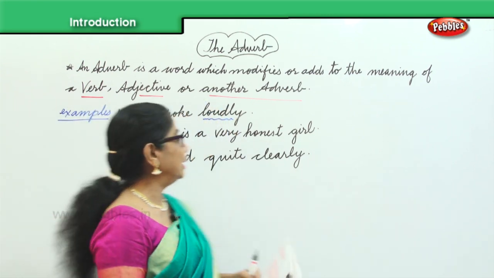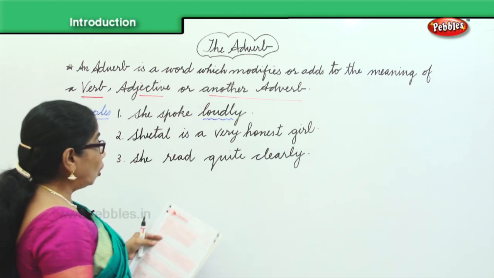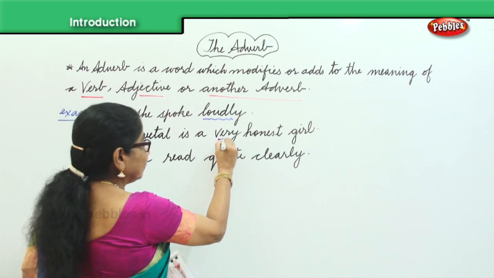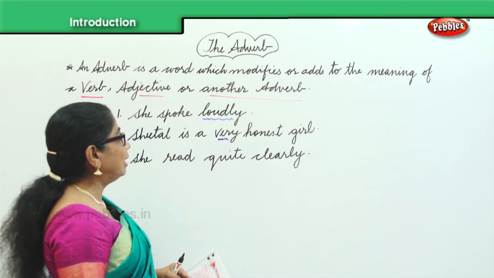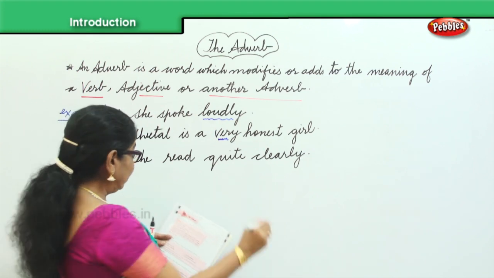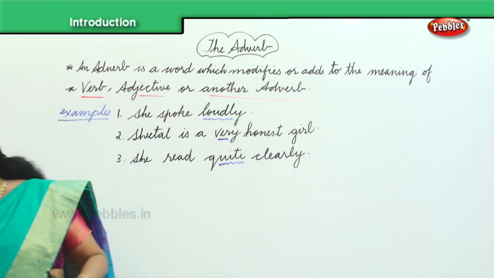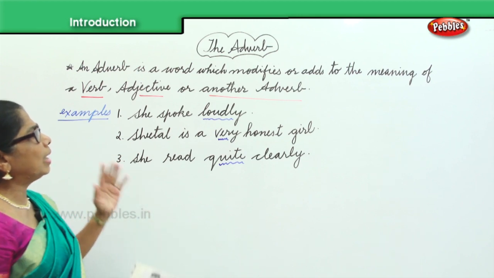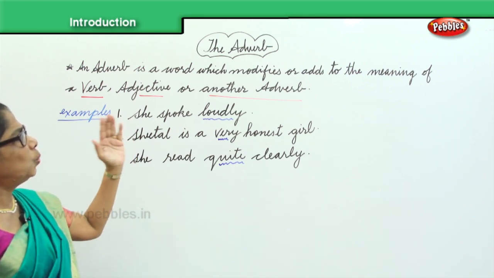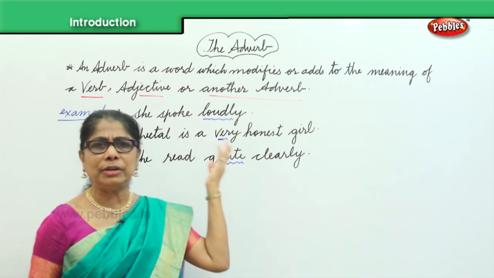In the second sentence, we have Sheetal is a very honest girl, very. And in the third sentence we have, she read quite clearly. Not very clearly, but quite clearly. Now, these are the adverbs in the three sentences. Now let us look at which word modifies the meaning of a verb, adjective or adverb.